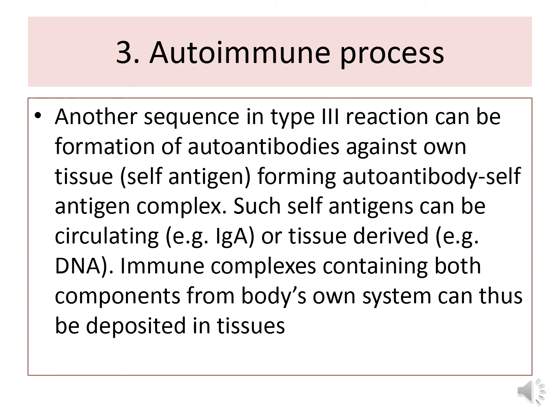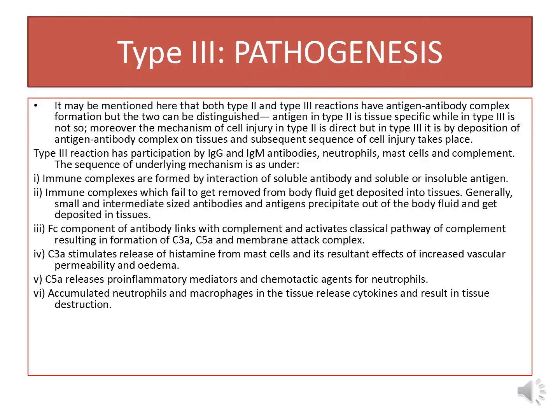Another sequence in type 3 reactions can be formation of autoantibodies against own tissues. And then we see autoantibody self-antigen complexes. They could be circulating or tissue-derived immune complexes containing both components from the body's own system, which can then deposit in tissue, and then we have the tissue reaction.